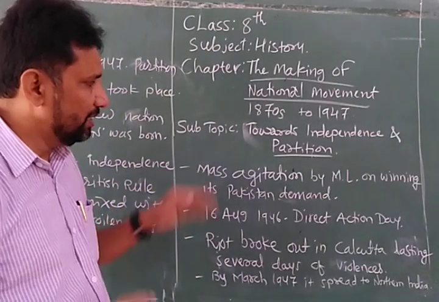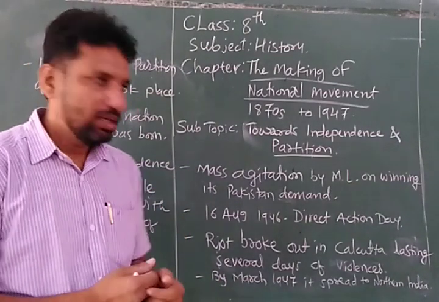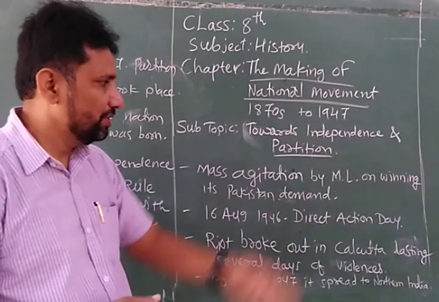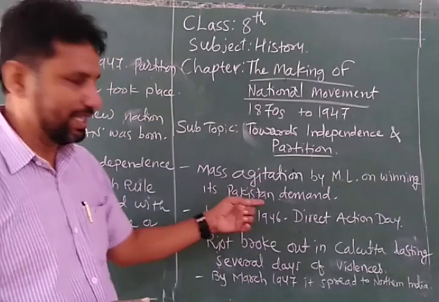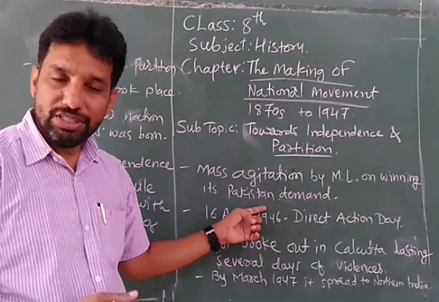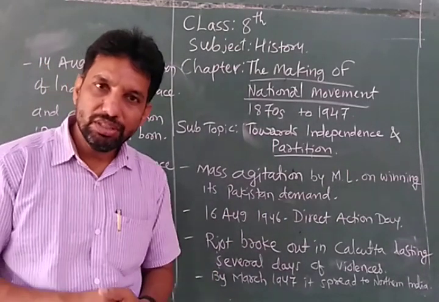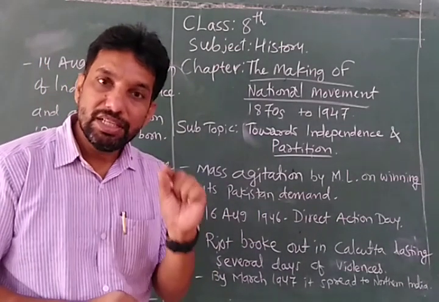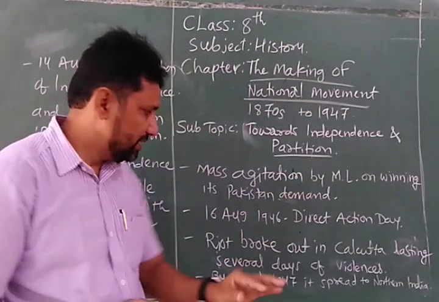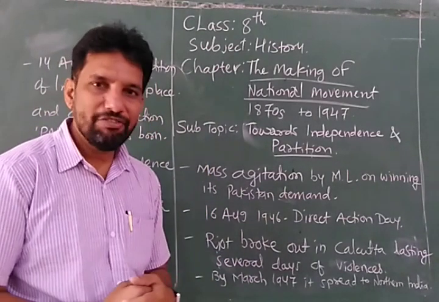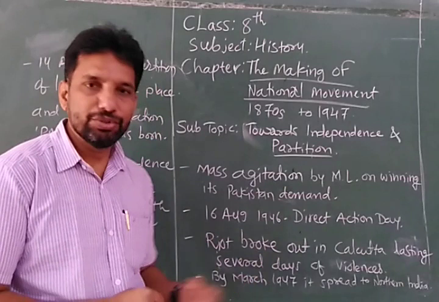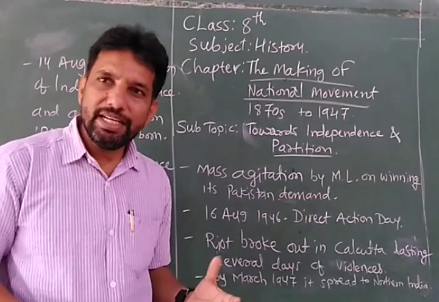Hence, the Muslim League decided to organize a mass agitation on winning its Pakistan demand. And what to do? They celebrated, and they also decided a date, and that date was 16th August 1946. What did they decide?